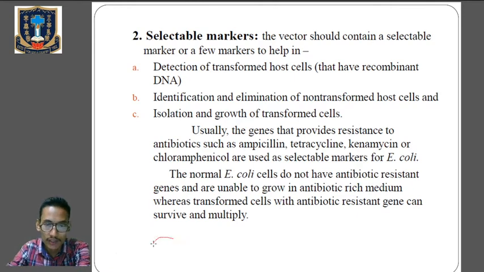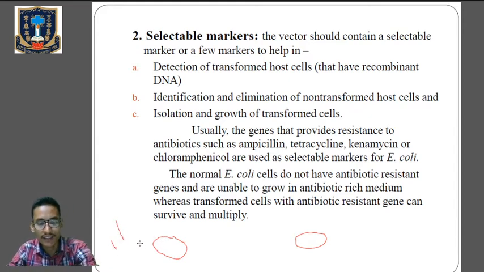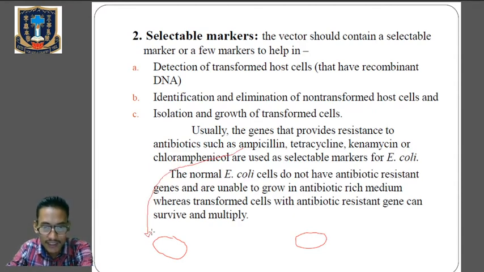This is the first culture plate and this is the second culture plate. Suppose this culture plate contains the antibiotic ampicillin. Clear? And the second culture plate contains the antibiotic tetracycline.